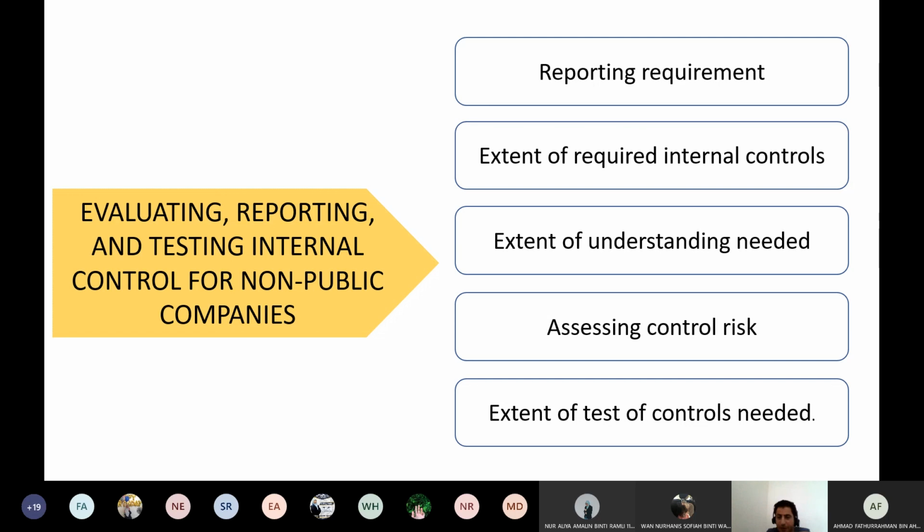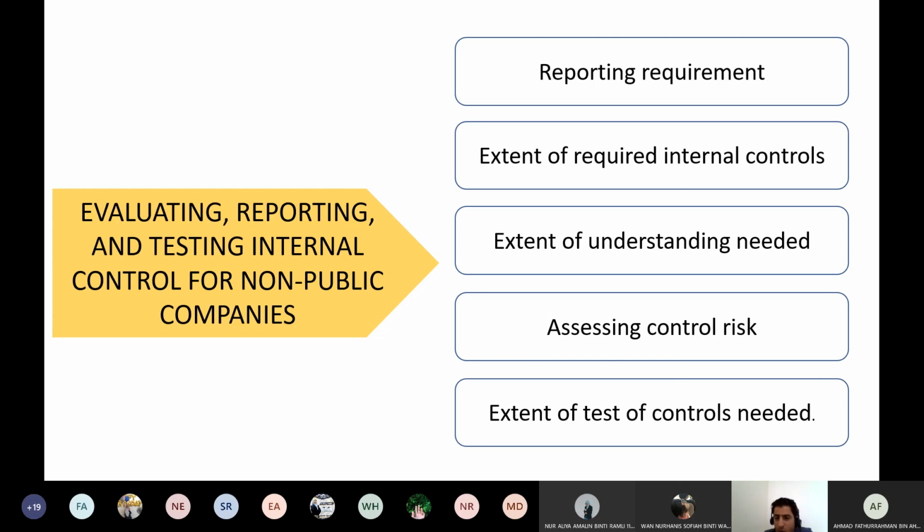To do segregation would create another cost, which would reduce the profit margin of that small company. So the extent of understanding is needed. The auditor needs to understand how much internal control is needed for the size, level, and type of the non-public company.